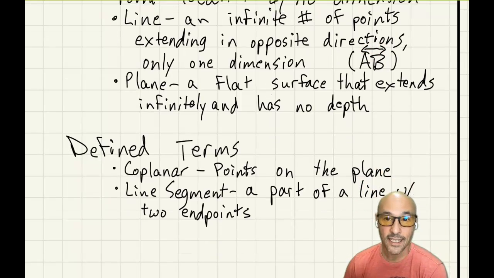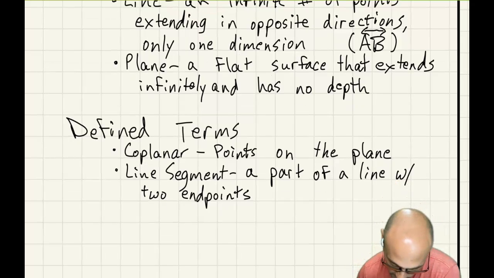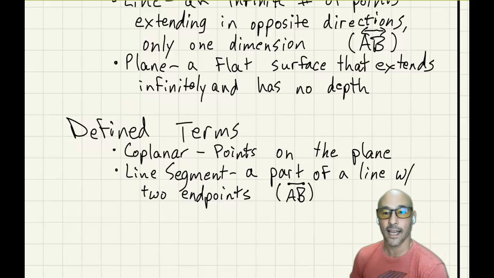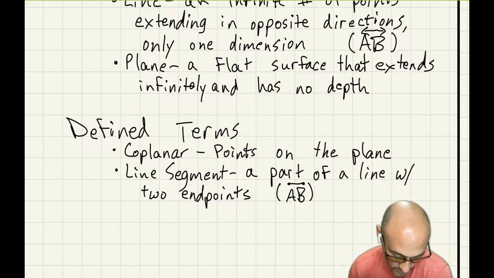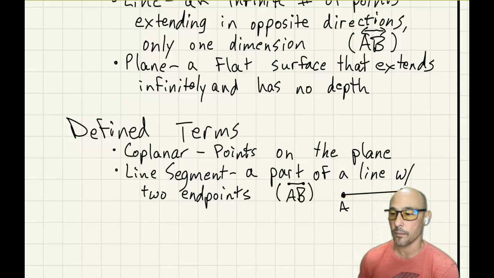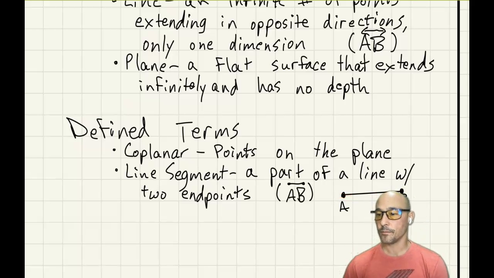And a line segment also looks similar to that, but it's just like this. So you can imagine these endpoints at the end of it. This is how we would talk about line segment AB, and here is line segment AB.